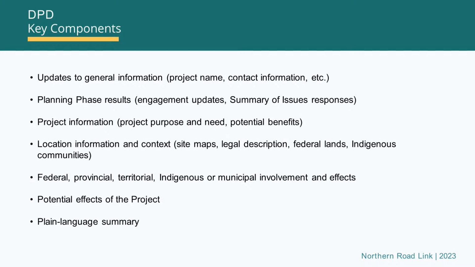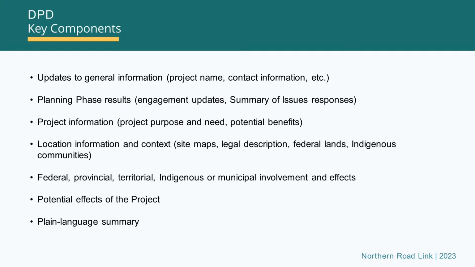You need to include any updates on information on the project, such as the project purpose, the need for the project, and potential benefits of the project. There has to be very detailed information describing where the project actually is, and these might include site maps or some sort of legal description of the lands and waters involved, whether there are federal lands involved, Indigenous communities, and where these Indigenous communities are relative to the project.